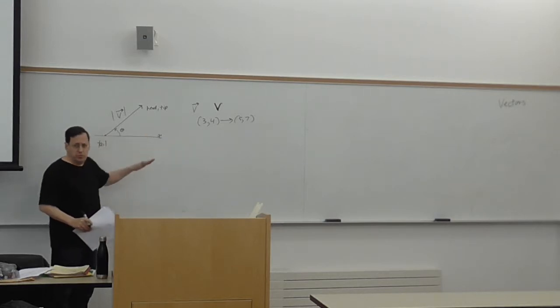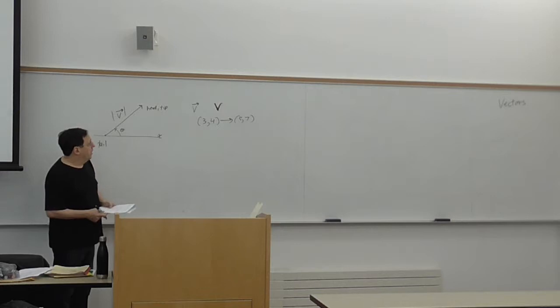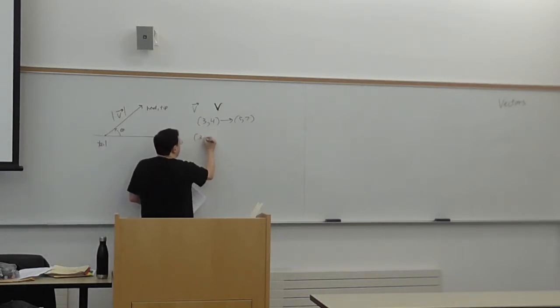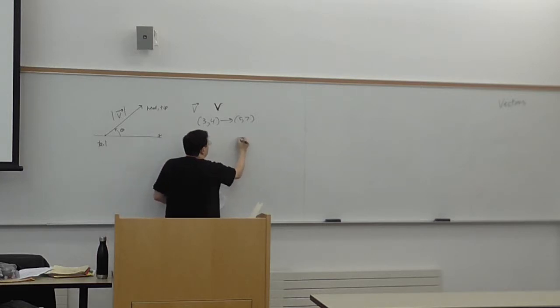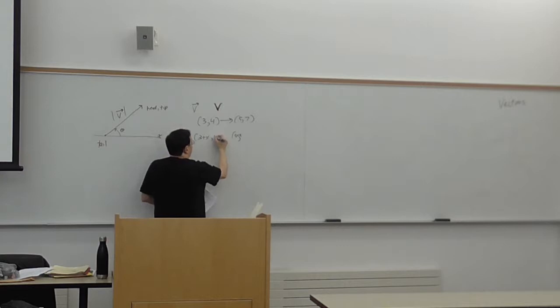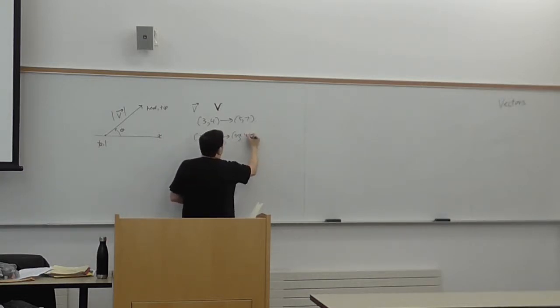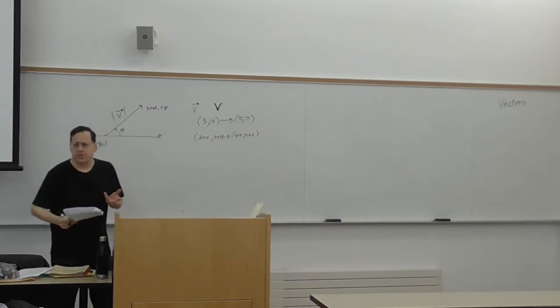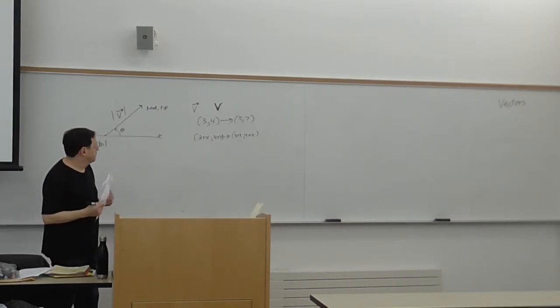So as long as you don't change those, you can move it around. You could add a quantity to the x component, and you could add a different quantity to the y component, and you can move it around, but it's still the same vector. It still has the same magnitude, the same direction.